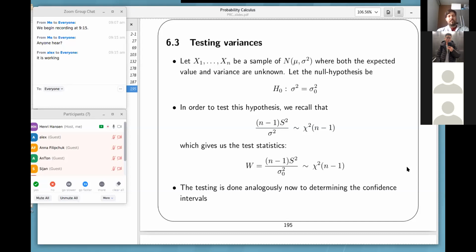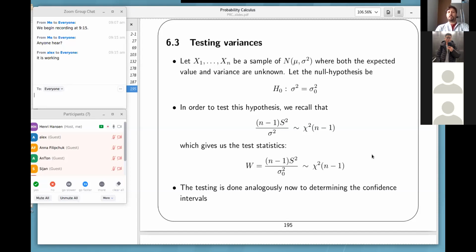Now we have an empirical value, S squared, and the hypothesized value, sigma squared. If the null hypothesis is true, the test statistic should follow this distribution, and then we can find a critical region.